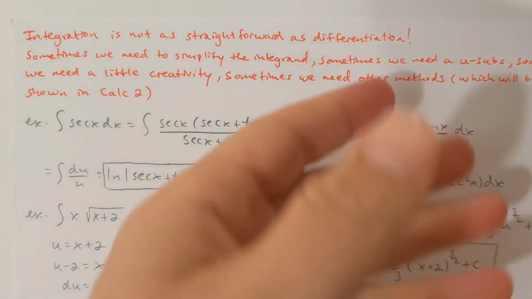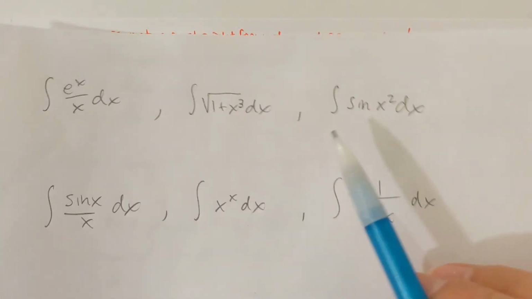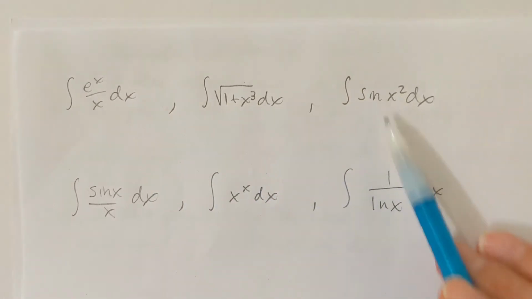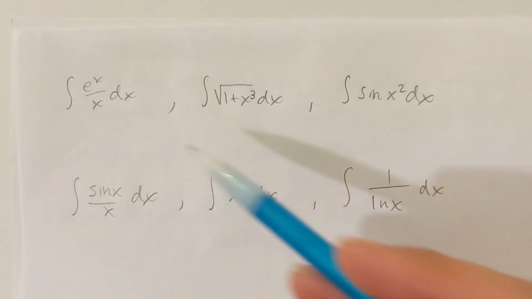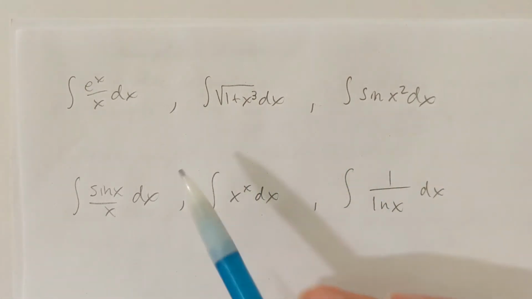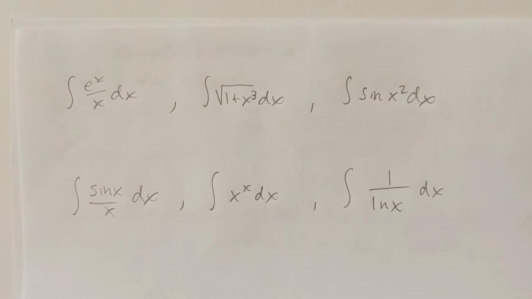Here are some examples. The integral doesn't have to be overly complicated for it to be impossible. All 6 of these integrals are ones that you would see again in Calc 2, and none of them are possible to integrate using methods that we know. We would say that they don't have an elementary antiderivative.